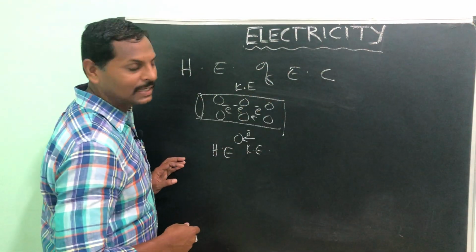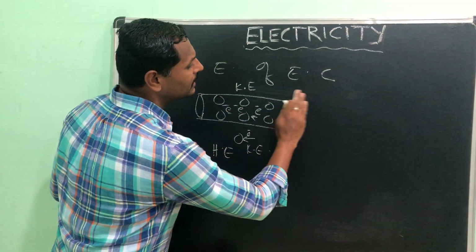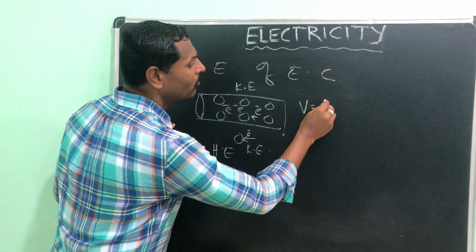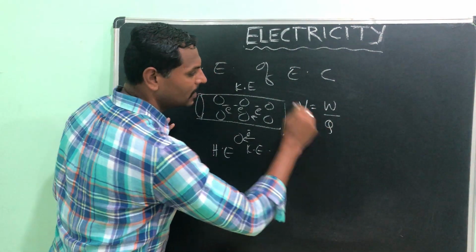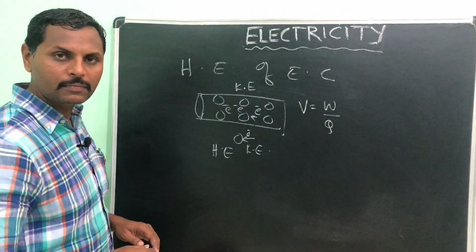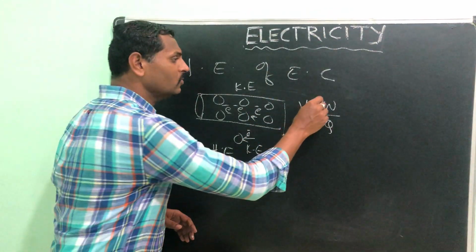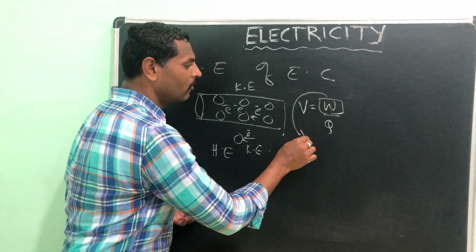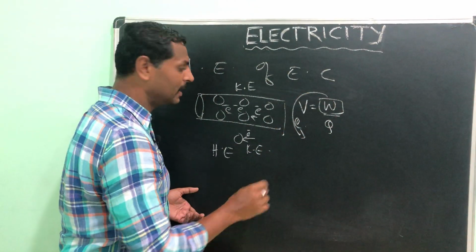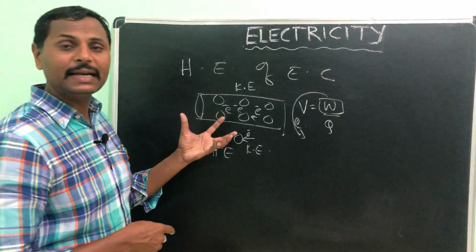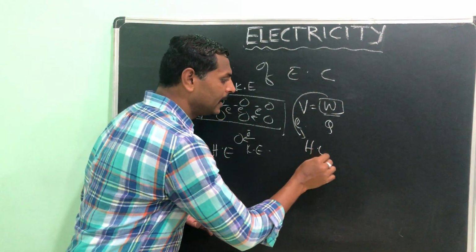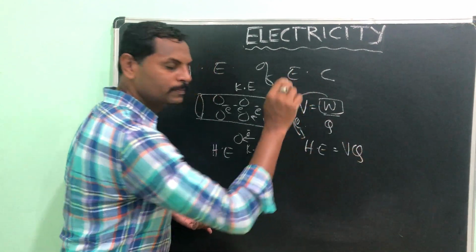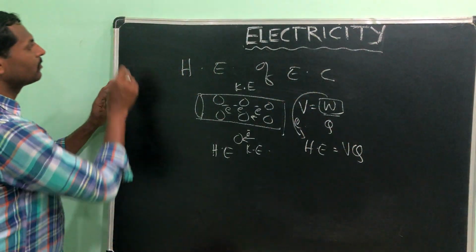So, heating effect of electric current. We simply studied, what is voltage? Voltage is nothing but work done per unit charge. Okay. So, what is work? Work is nothing but energy only. Here, which energy are we getting? Heat energy. Heat energy is nothing but what? V into Q. Just remember all the formulas.